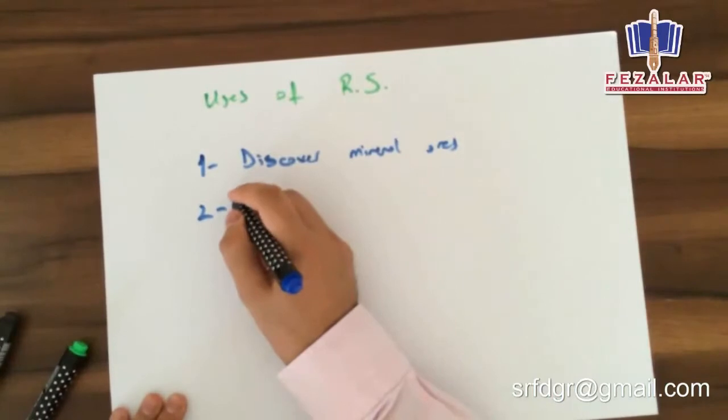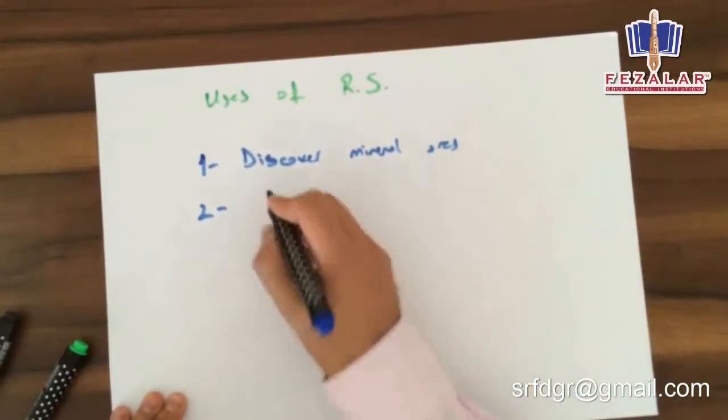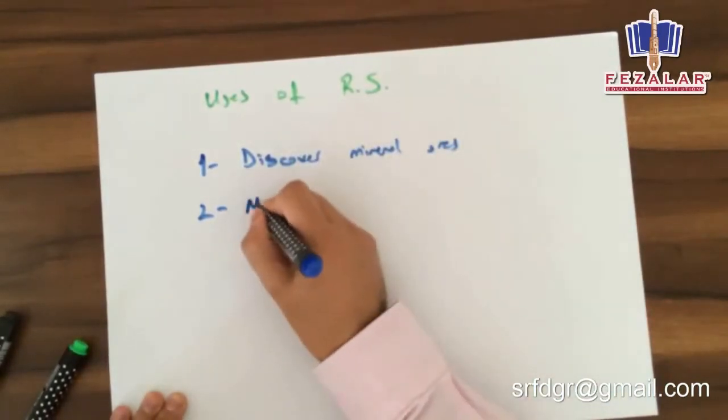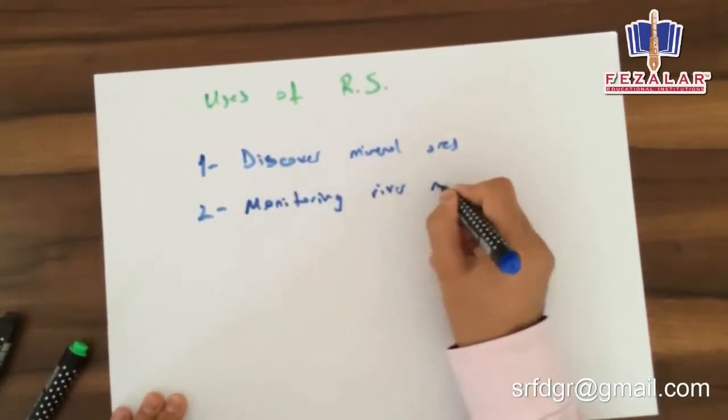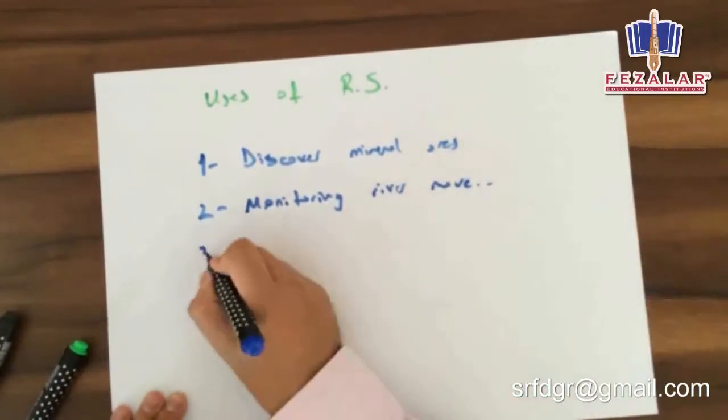The second one is monitoring natural movements, for example, river movements. I read shortly, it is written in our book.